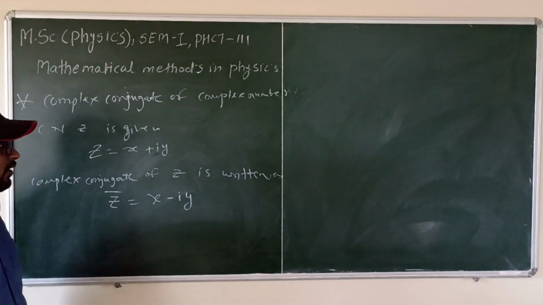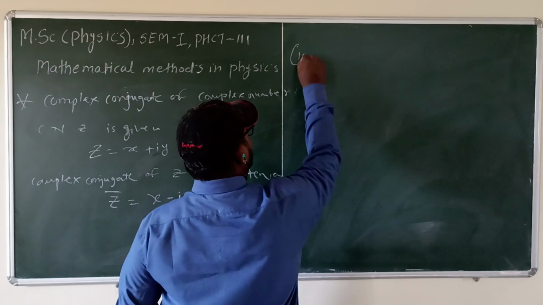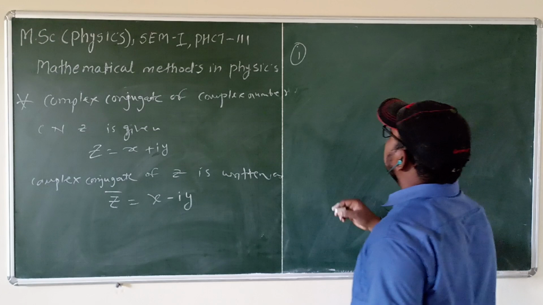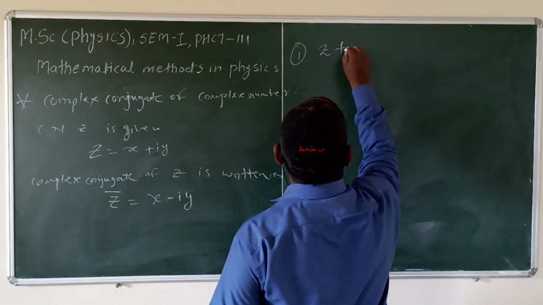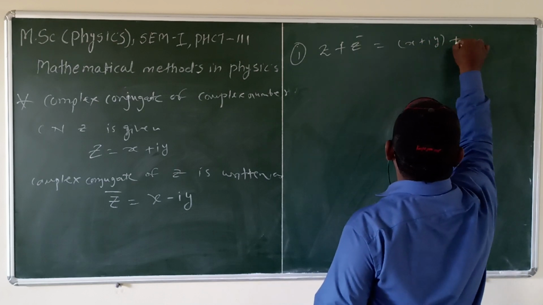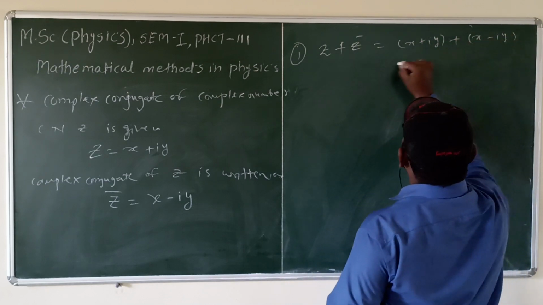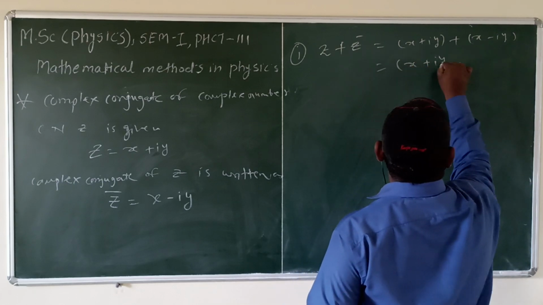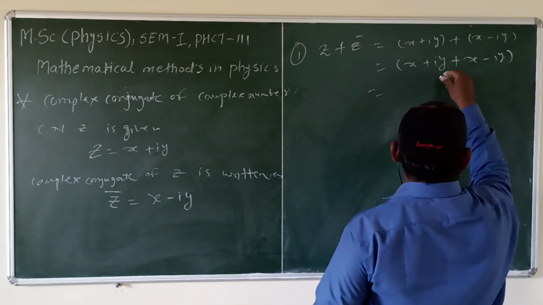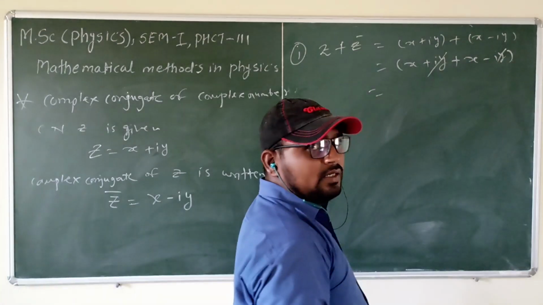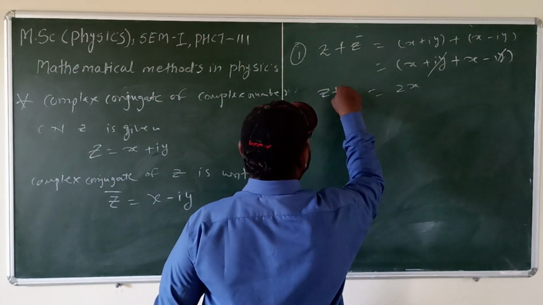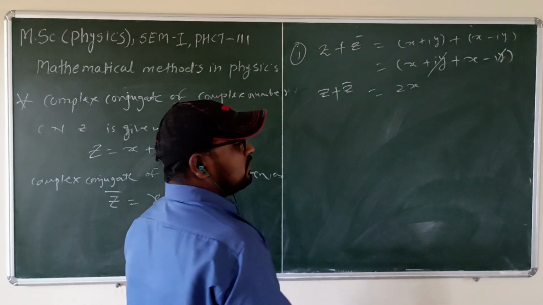And with this we have some properties. The first property is that the addition of a complex number and its complex conjugate gives z plus z bar is equal to x plus iy plus x minus iy. So this plus iy and minus iy cancel out, and we are left with 2x. This is z plus z bar.